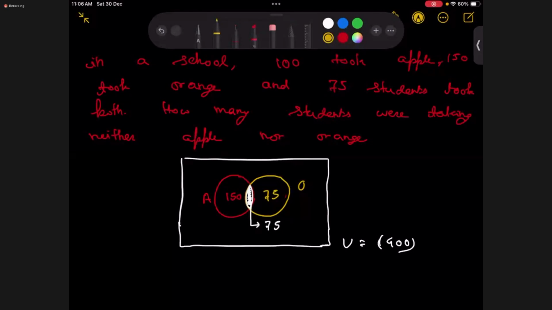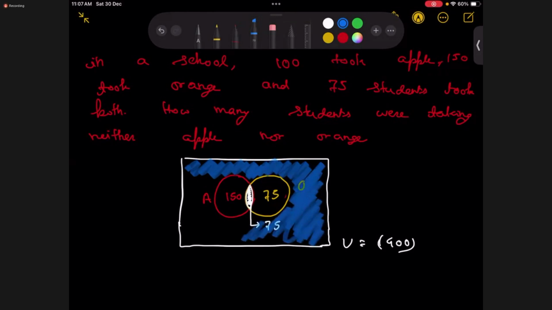Now the question is, how many students are taking neither apple nor orange? So we need to find this blue portion. Why this portion? Because these are the students who didn't take apple or orange.